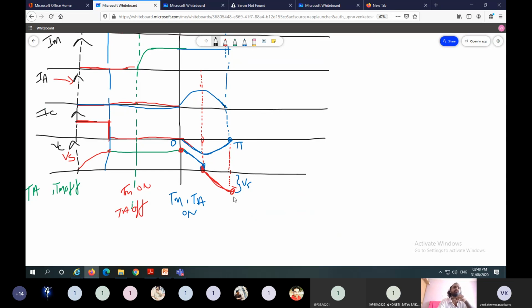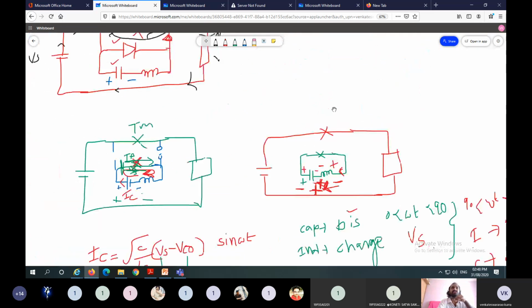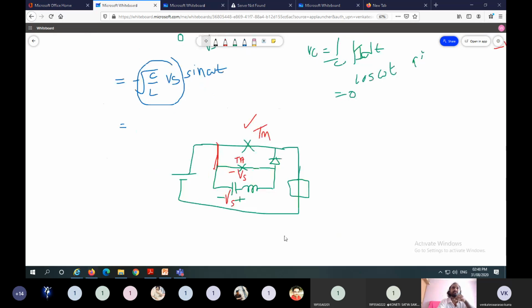And this one is the negative voltage. And here the capacitor starts discharging again. So if capacitor starts discharging, here it is open circuited because it will be turned off.